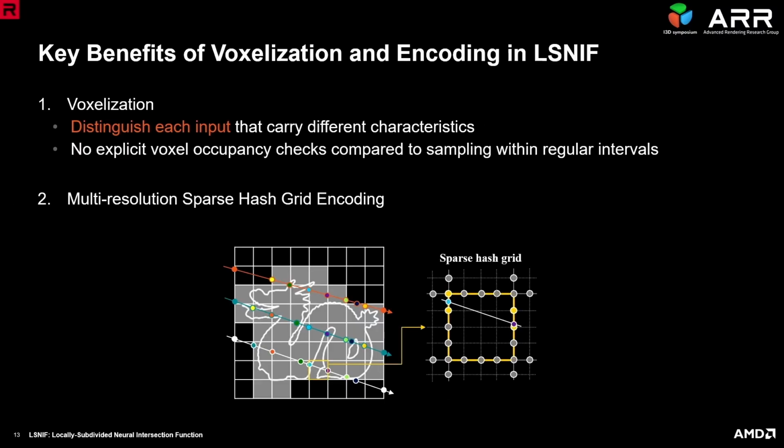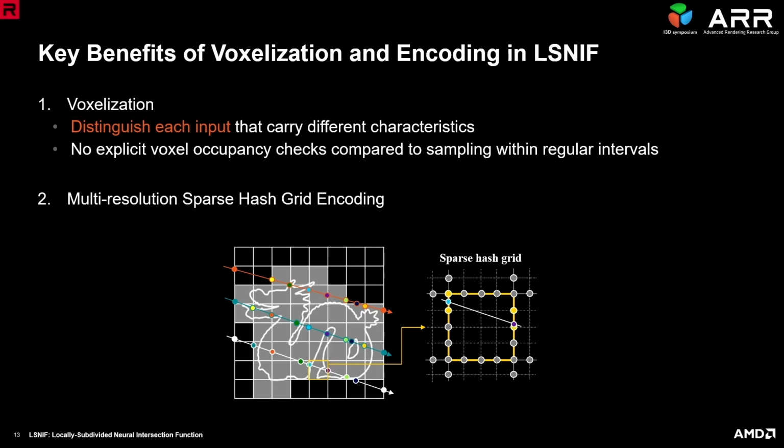And we introduced multi-resolution sparse hash grid encoding for our box cell representation. With LSNIF, all these hit positions are always lying on the box cell boundaries like this, so there is no need to consider the position inside each box cell. Meaning that we just need to encode the position on the boundary.